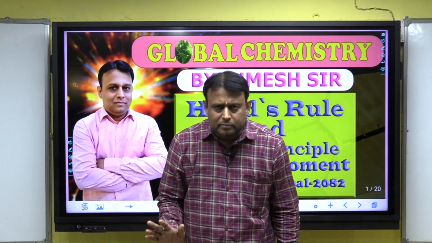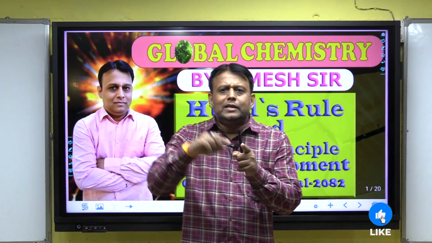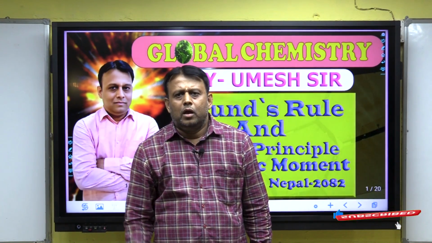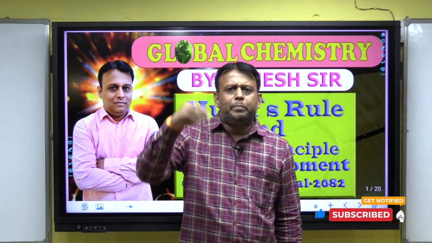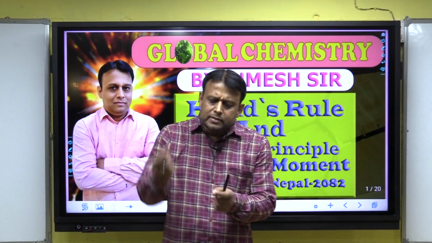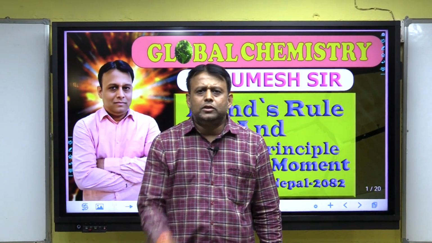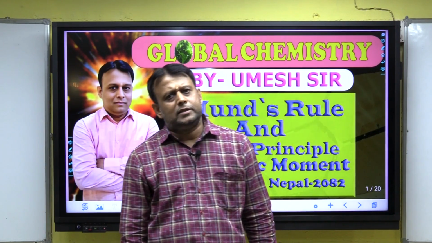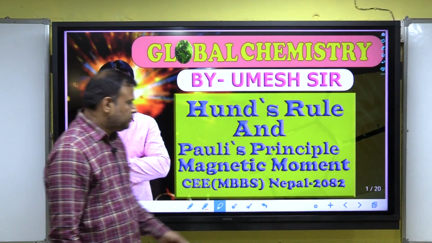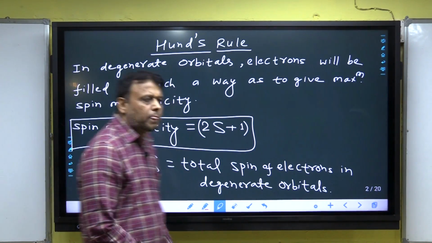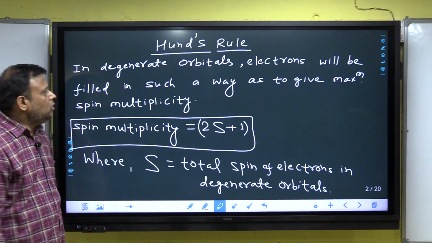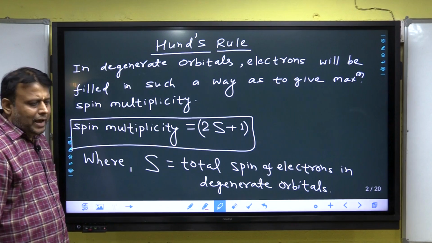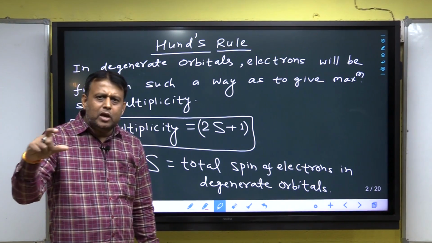I am repeating, in degenerate orbitals, electrons will be filled in such a way as to give maximum spin multiplicity. Look at the board. Topic is Hund's rule in degenerate orbitals, and degenerate means having equal energy.